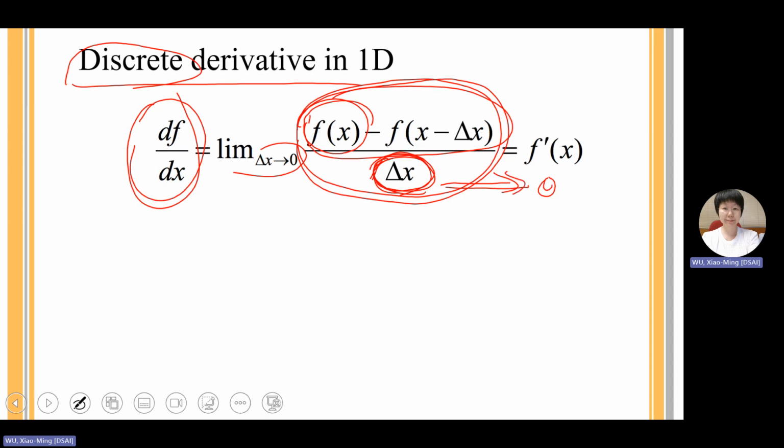But images are discrete signals, so what is the smallest value that delta x can take?